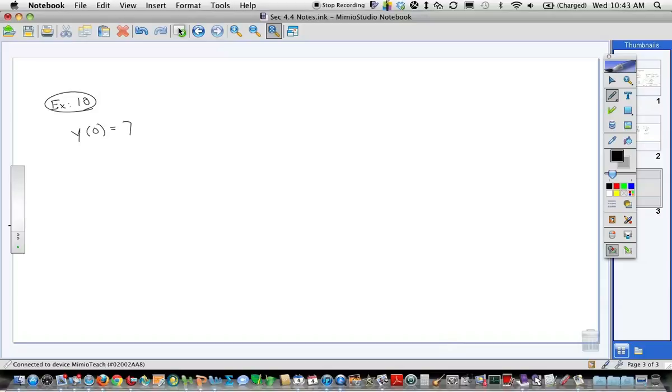That's x prime. So we know x prime of 0 is 150. We also know y prime of 0 is 0. It has no vertical velocity when it leaves his hand, because it's traveling only horizontally.